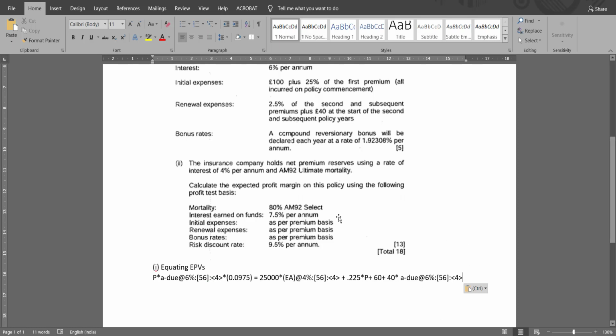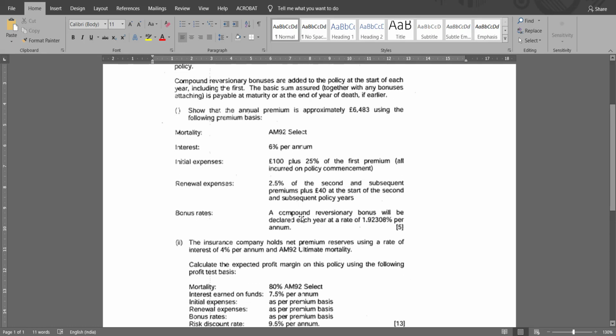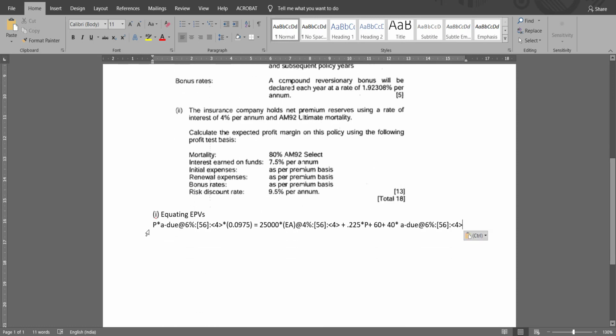And what else do you have? That's it, I guess. So you've taken into account all sorts of expenses. Straightforward. You have just equated the EPVs, and once you do this, this implies what?